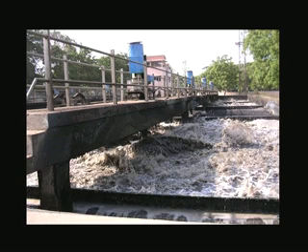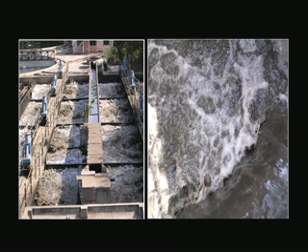Here we can see three aerators. Depending upon the oxygen requirement and oxygen transfer rate of these aerators, we can find out how many aerators we need, and depending upon the influence zone of the aerators, we can find out how to place them. These are also some other pictures of aerators.